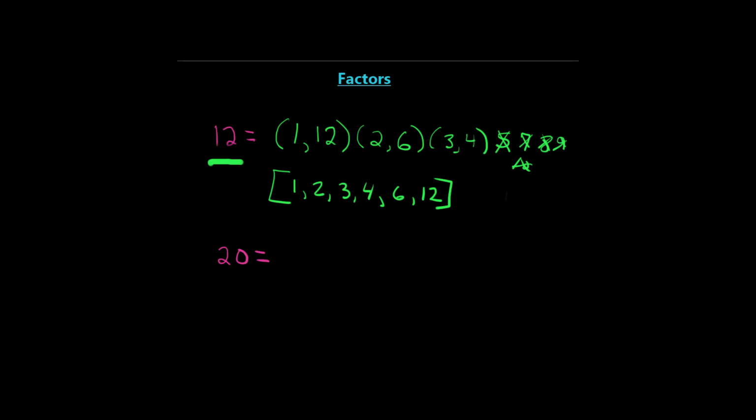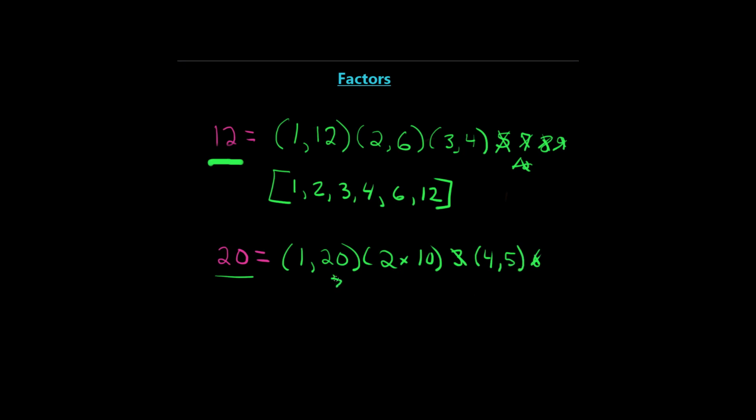All right, so let's take a look at number 20. We're going to do that the same way. So let's think about the number 1. 1 times 20. What about 2? 2 times 10. 3 does not work. What about a 4? Yes, 4 times 5. What about a 6? Nope.